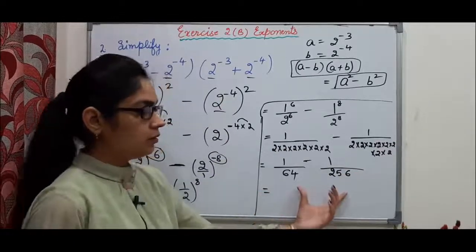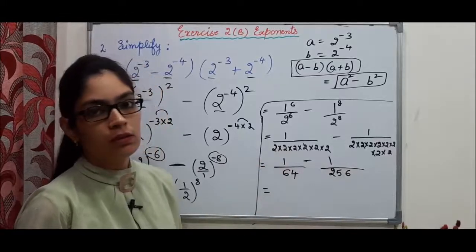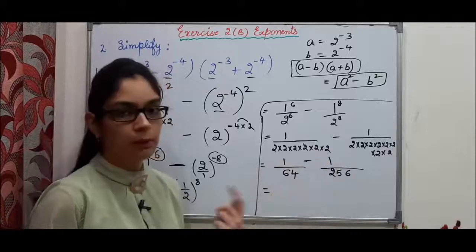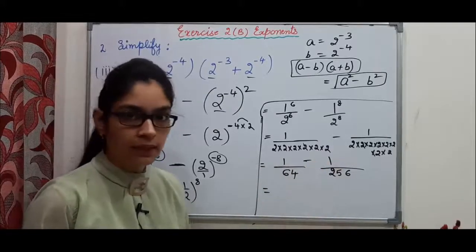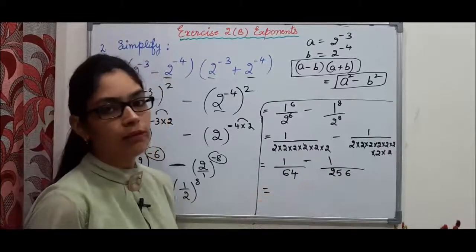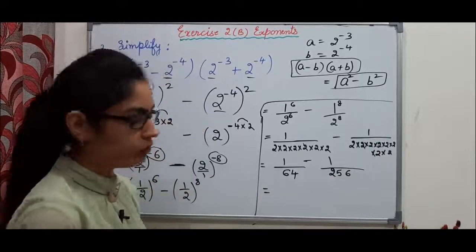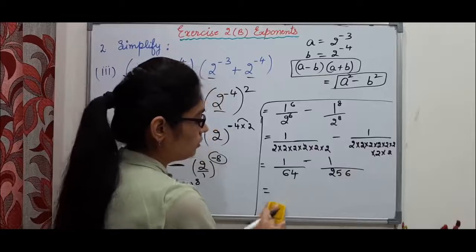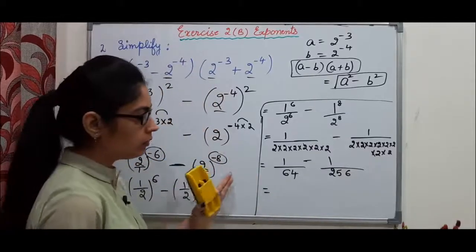Now this is similar to subtraction of two fractions, or two rational numbers, because this is a rational number. So we have to take the LCM because the denominators are not the same. The LCM of 64 and 256 is equal to 256.